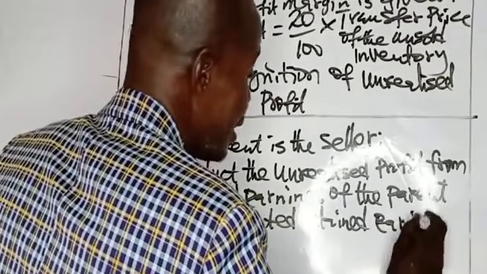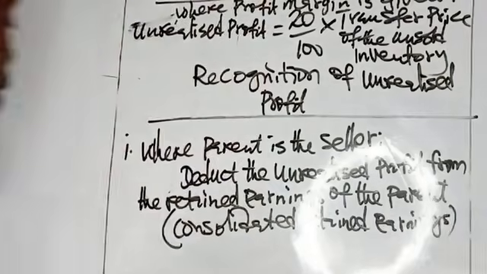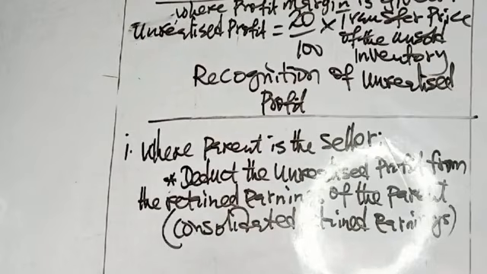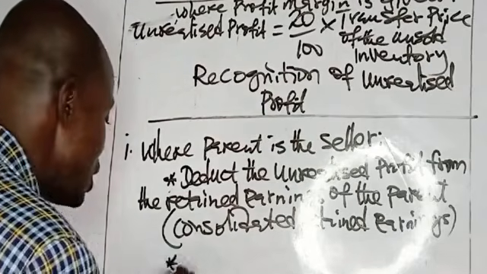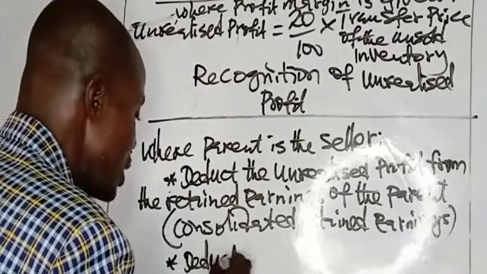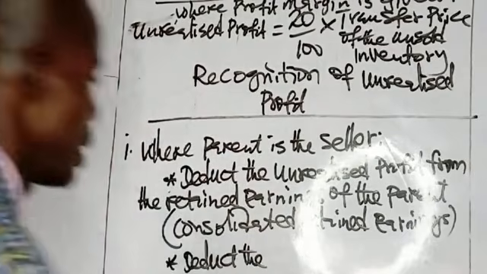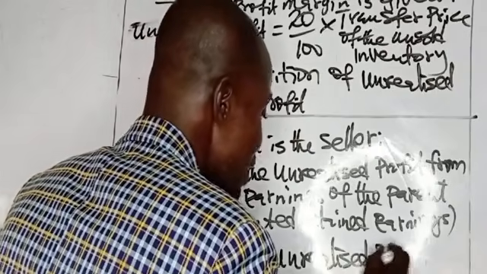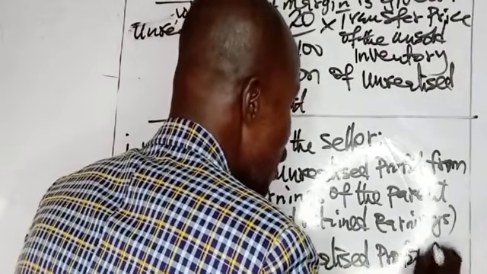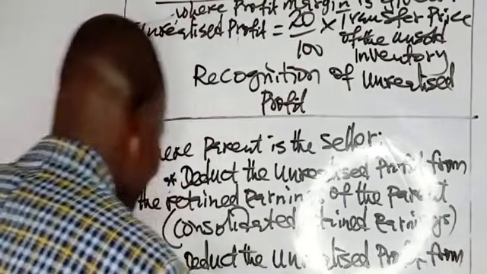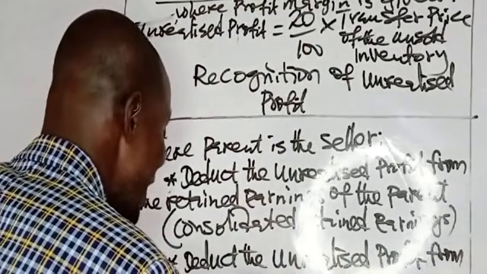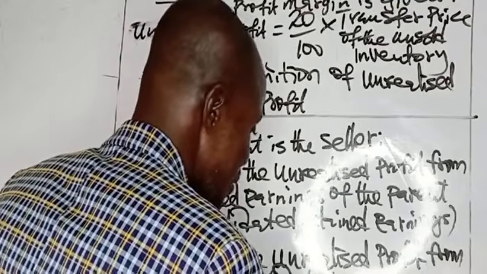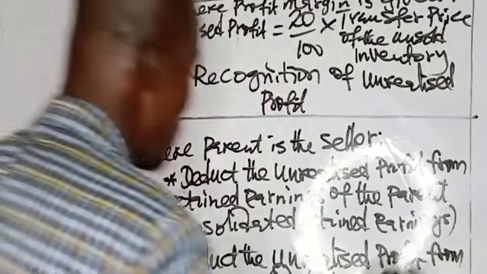Remember, everything in accounting is double entry. If one entry is to deduct it from the retained earnings of the parent, then also deduct the unrealized profit from the consolidated inventory. That is where parent is the seller.